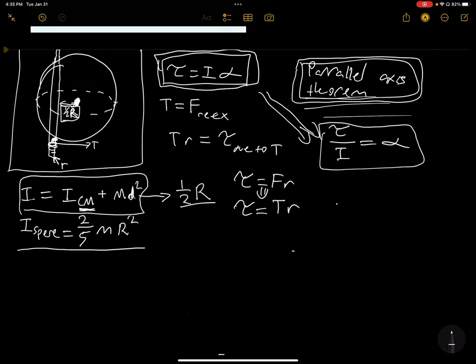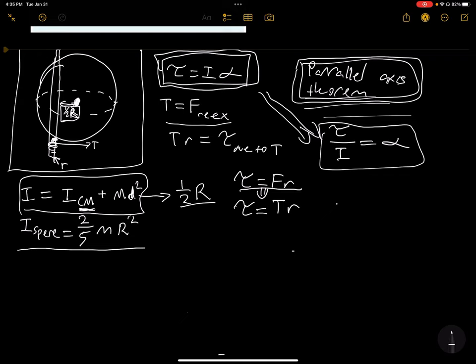Torque is the next. We know that tension is really the net force. It's the only force acting other than gravity, but gravity won't produce any torque regardless in this case. So we just have to worry about tension, which makes our life pretty easy because torque is just force times radius.